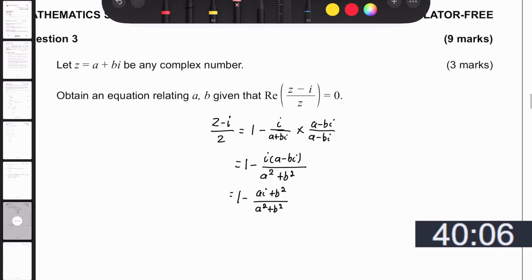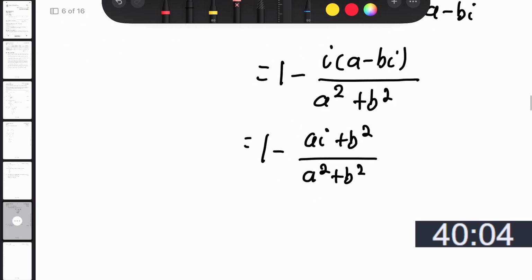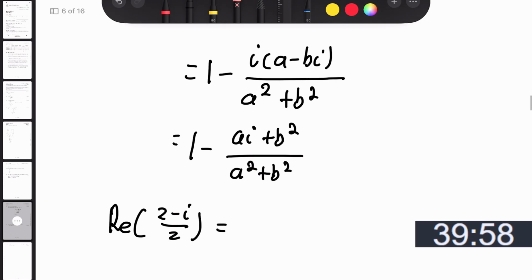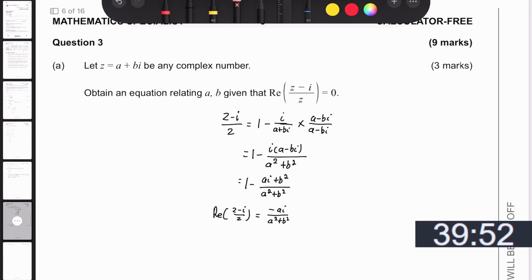Now the only real part of this, so real of z minus i over z, is going to be equal to negative ai all over a squared plus b squared. Chat, am I cooking? I don't think I'm cooking. I am definitely not cooking.